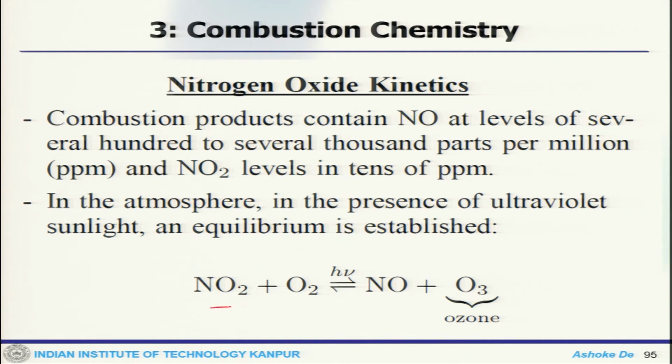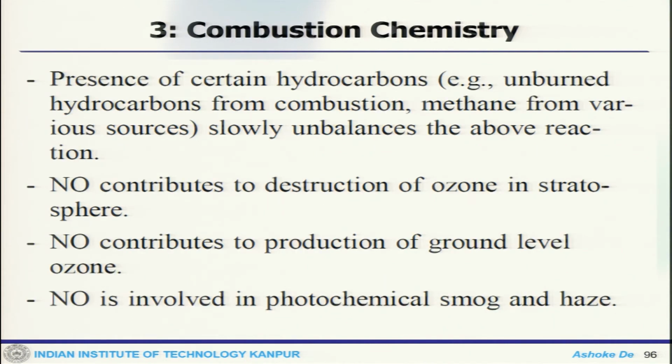Now, what happens when NO2 oxidizes with O2? It forms NO and also ozone gases. This is not something one would expect in the current scenario across the world, where NO is formed. Now, the presence of certain hydrocarbons, like unburned hydrocarbons from combustion, methane, slowly unbalances the previous reaction.